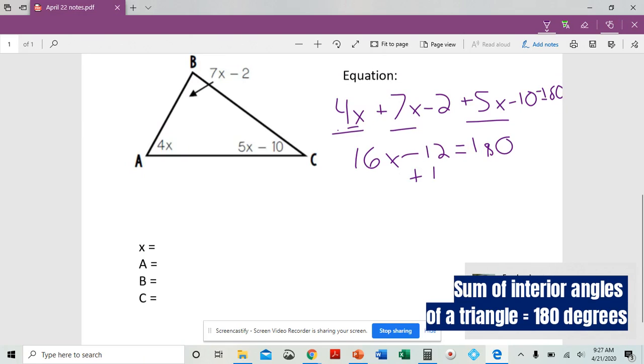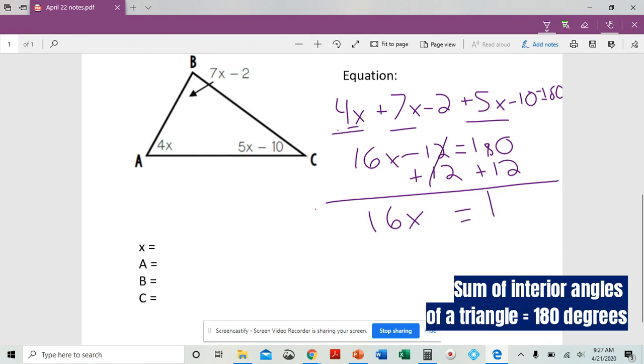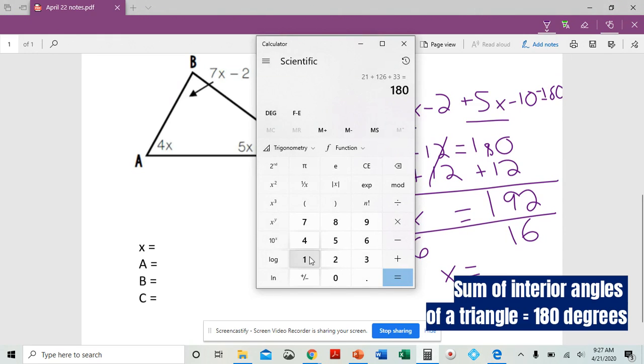We're going to add 12 to both sides. 16x is going to equal 192. Divide both sides by 16. X is going to equal 12.